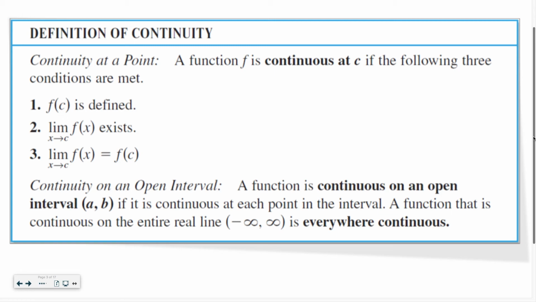Can anybody give me an example of a family of functions that would always be continuous, no matter what? Parabolas. And what family of functions does a parabola belong in?